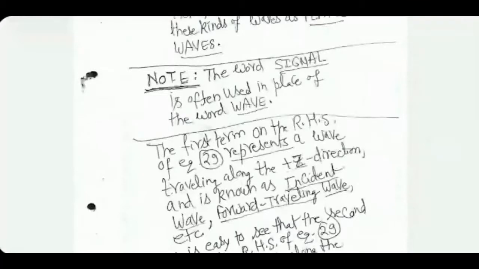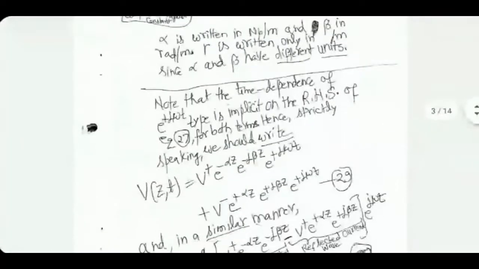Now the second term on the right hand side of that equation, in a similar manner, you can look at this term also. Here, the constant phase surface will be dictated by omega t plus beta z equal to constant.